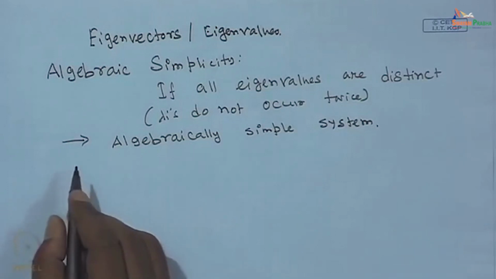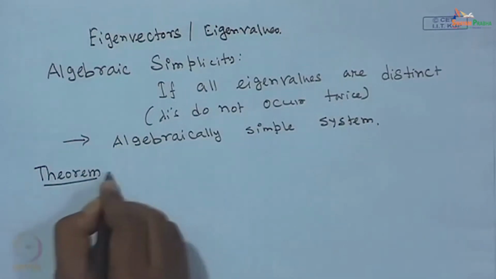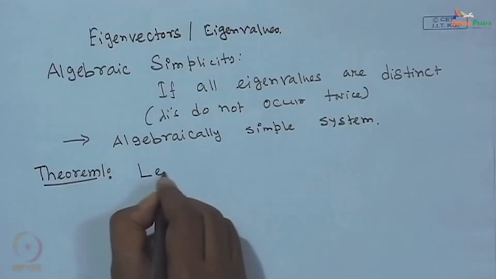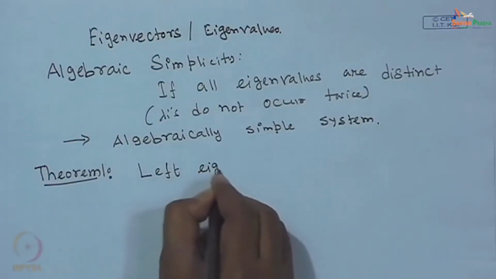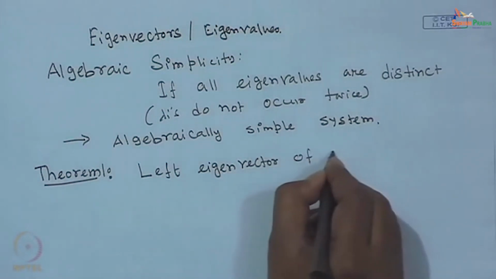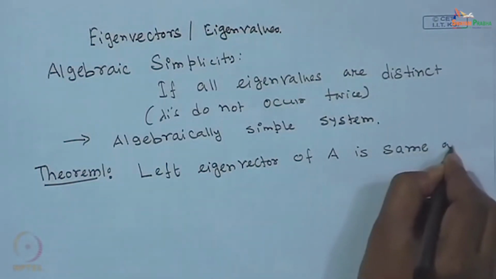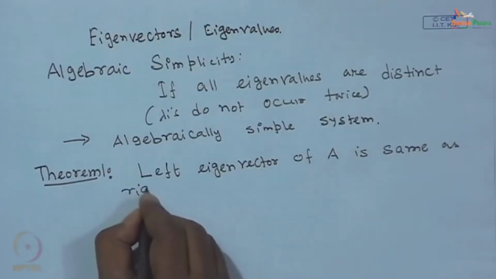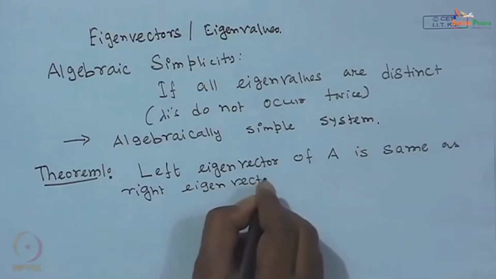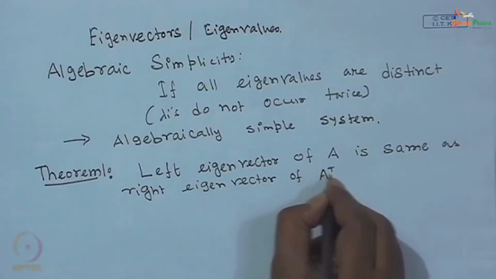The first theorem that we are going to state and prove is theorem 1: the left eigenvector of a matrix A is the same as the right eigenvector of the corresponding transpose matrix A transpose, or vice versa.